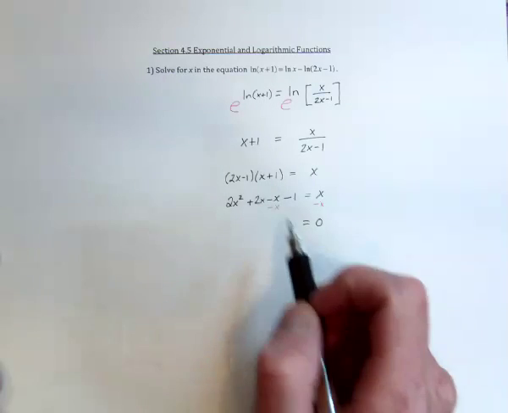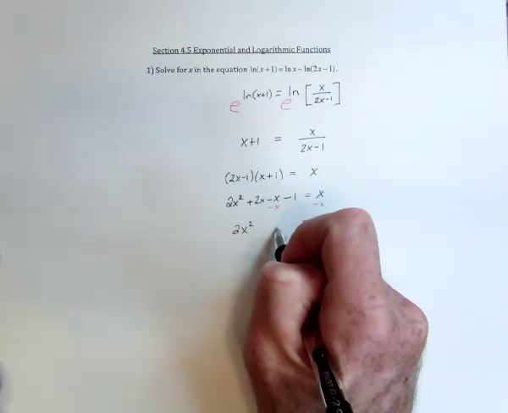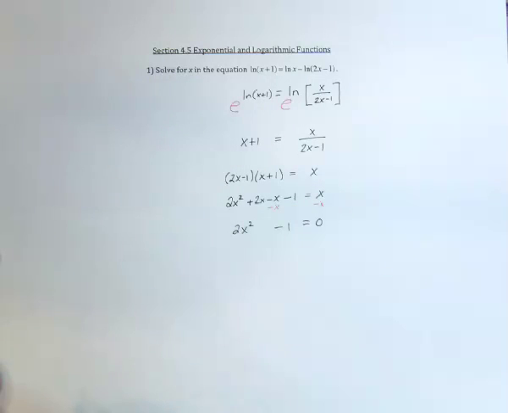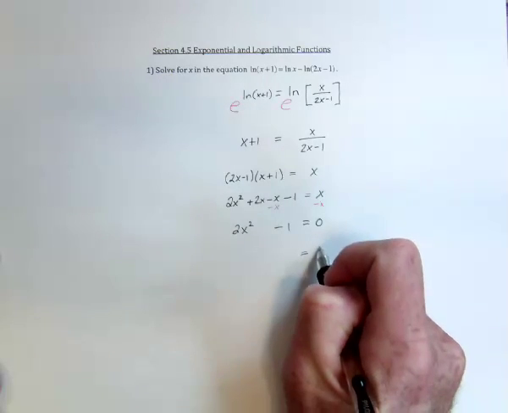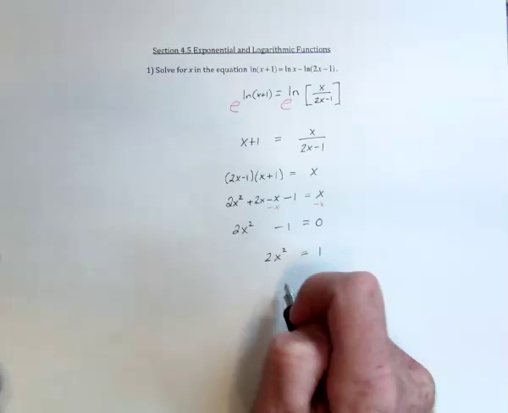With the positive 2x, they cancel. So we're left only with 2x squared minus 1. Now actually, since the middle term of the x is cancelled, we can move the 1 to the right hand side. So add 1 to both sides.